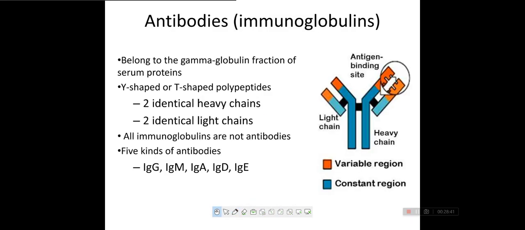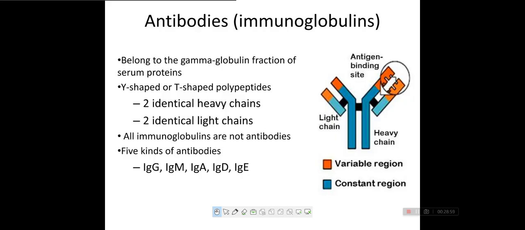Now, antibody. What are the antibodies that are produced by humoral immunity? Antibody, also known as immunoglobulin, belongs to the gamma globulin fraction of serum protein.